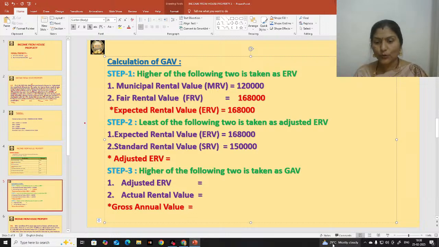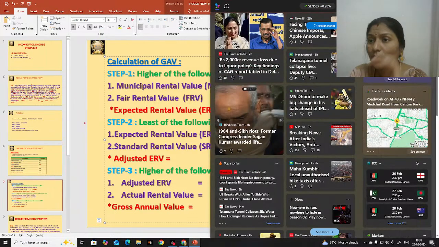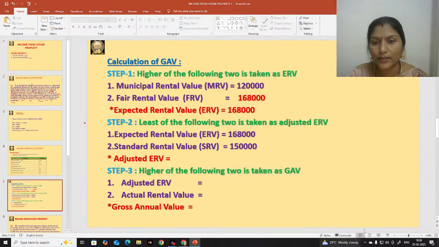Out of these two values, we are going to take only the least one. Which one is the least here? ERV is 1,68,000 and SRV is 1,50,000.